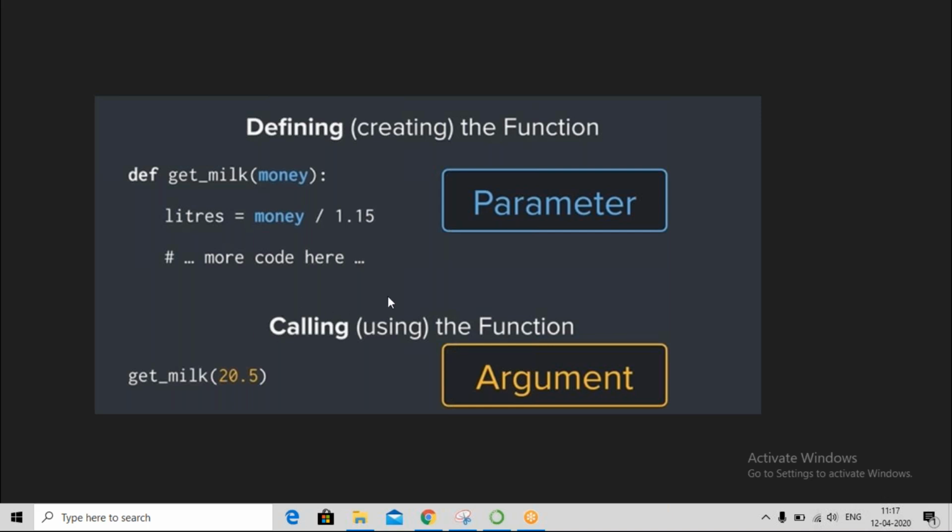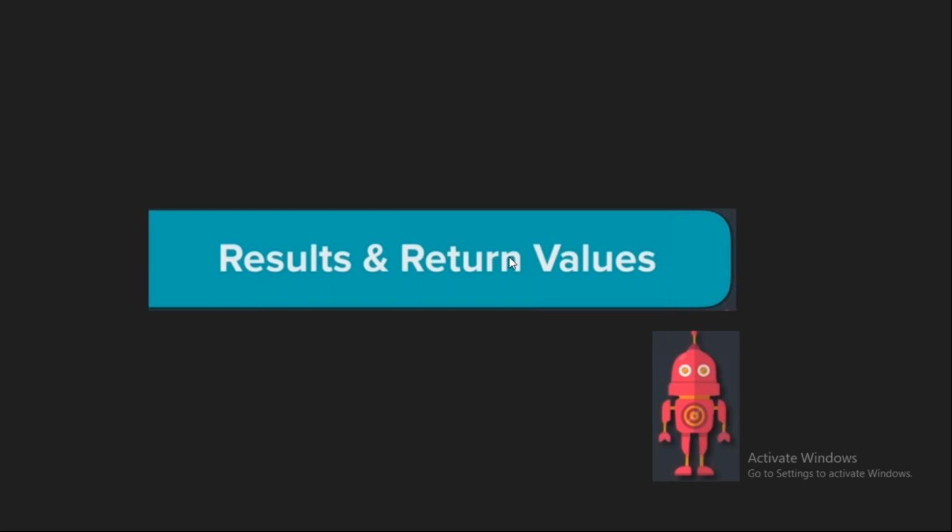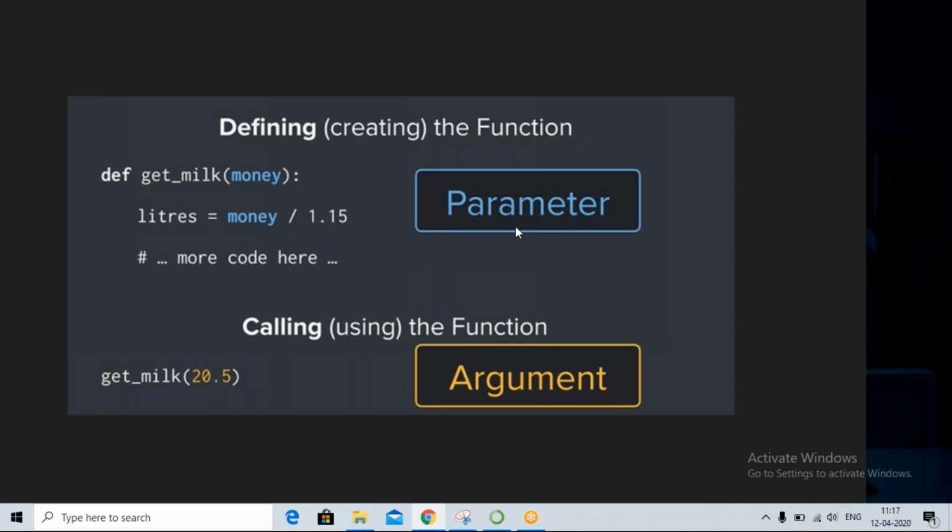Then when the calling of the function happens, the value that we pass in is going to be the argument. Are you able to follow me? Okay, let's look at the code for it.